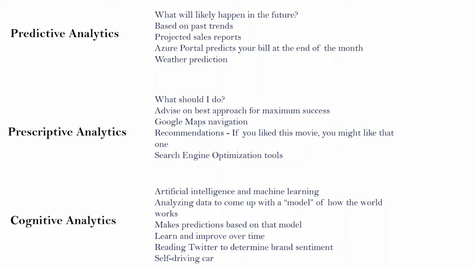Next we have prescriptive analytics. Prescriptive analytics is like asking what should I do, some kind of suggestion, the same as Google Maps navigation. Once you put in that you want to go to a place, Google Maps not only shows you the actual direction but also the possible shortcuts.